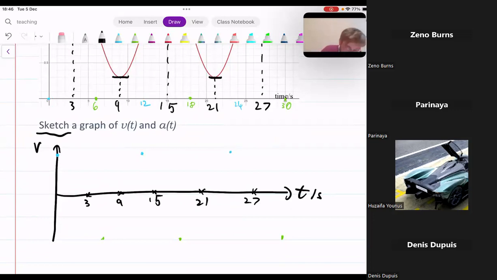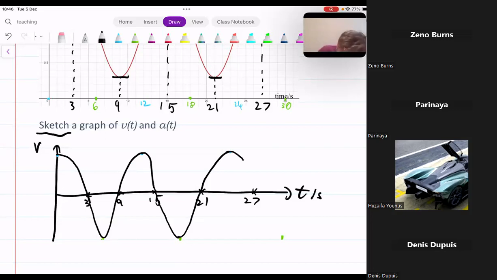You might be tempted to just draw a zigzag, but that's not going to work. We need to draw it smoothly because the velocity in this case varies smoothly. So making sure I go through all of these. This would be much neater if I'd measured all the numbers and made sure they were evenly spaced. But it's just a sketch, it doesn't matter.